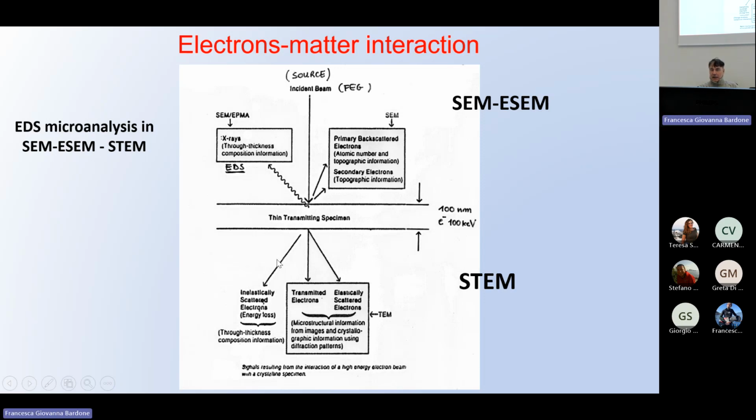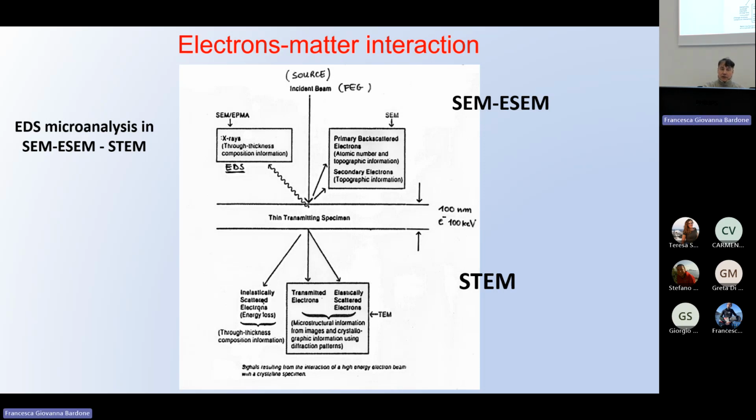The other signal is the transmitted one, and these are common signals in classical TEM. If you work with a TEM, you always have this one. The third one is inelastically scattered electrons. This brings you chemical information.